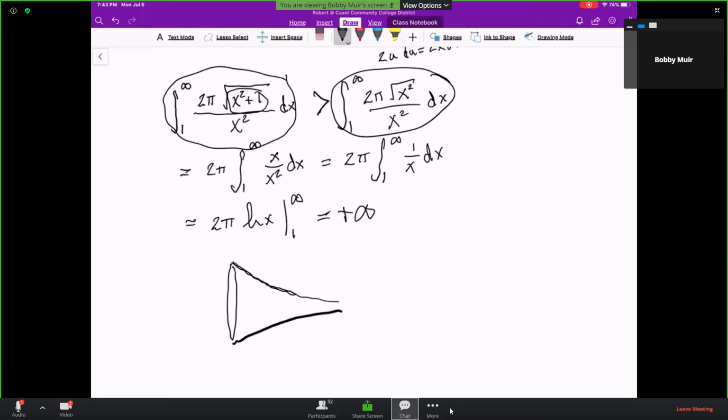An infinite amount of surface area is required to contain a finite amount of volume. To me, I think that's kind of odd. I find it kind of cool.